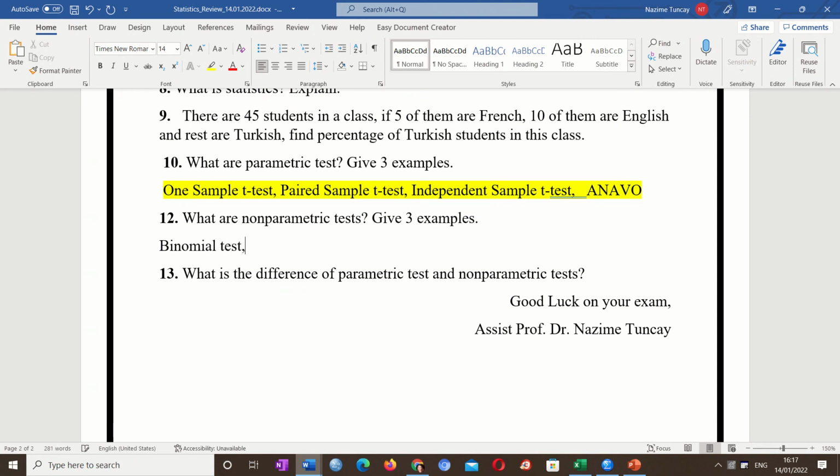These are just examples. Binomial tests, Kruskal-Wallis tests. We have Mann-Whitney test. Okay, and we have many other tests here.